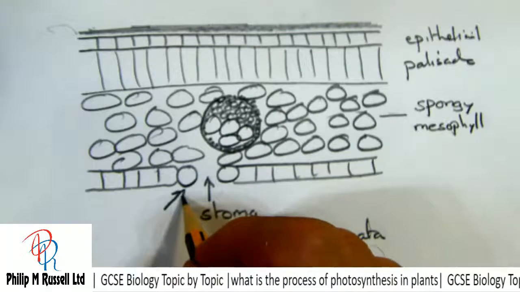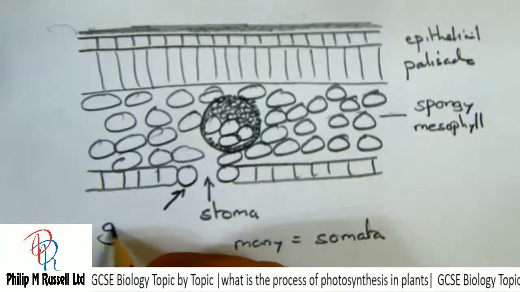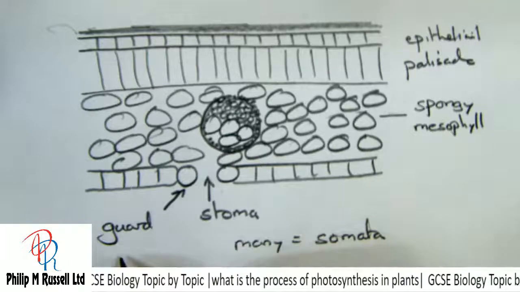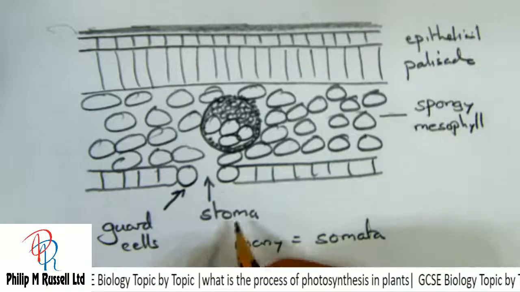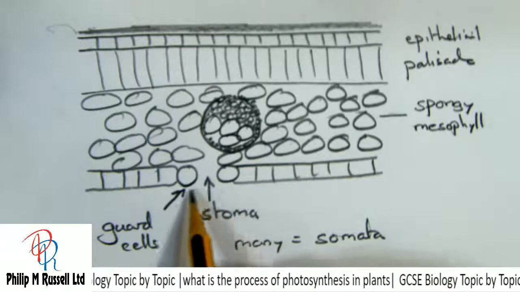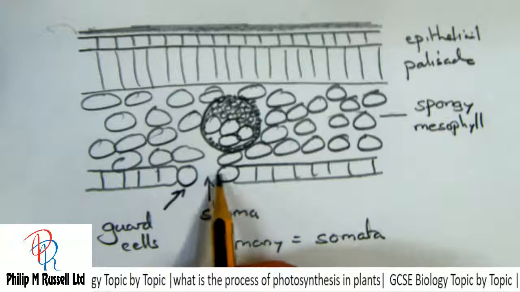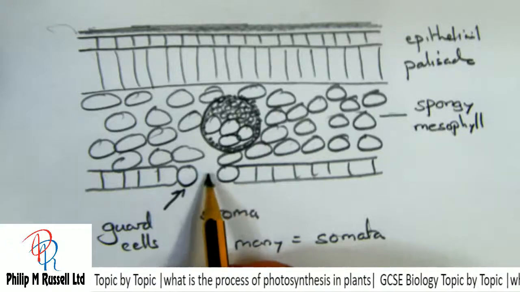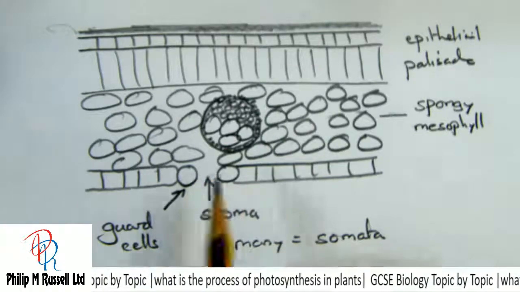The special cells either side are called guard cells, and these guard cells can open and close to let in or let out more water and carbon dioxide.